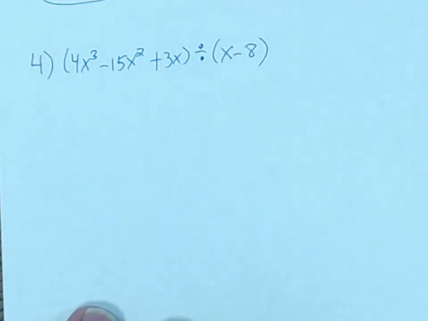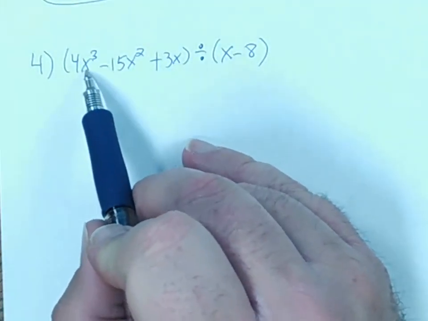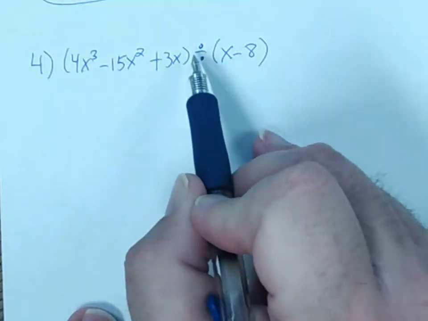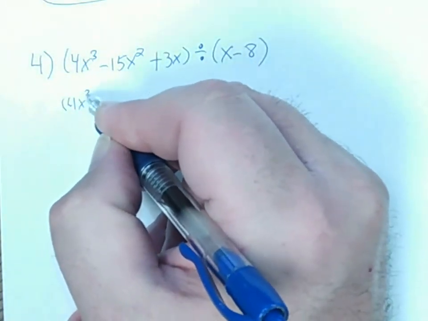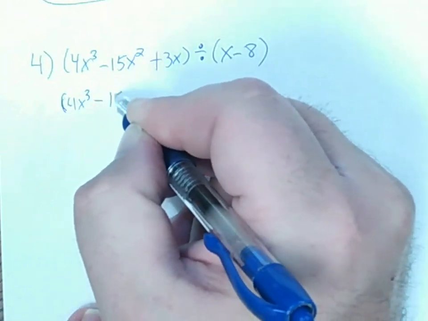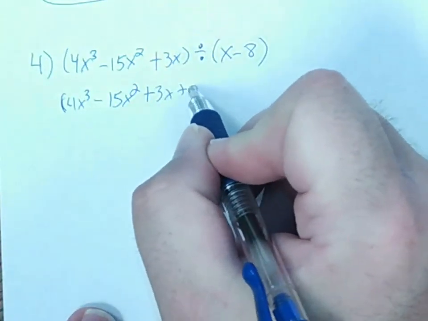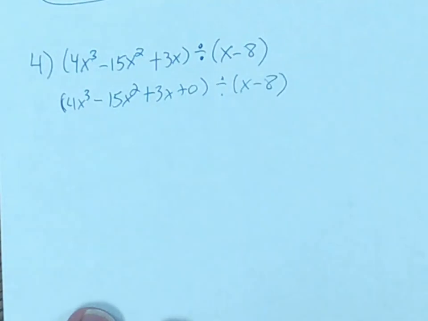First things first, I want to make sure I have all my terms. So we're starting with x cubed. So I should have an x cubed, then an x squared, then an x, then a constant. I don't have a constant, so I'm going to rewrite this as 4x cubed minus 15x squared plus 3x plus 0. And we'll divide that by x minus 8.